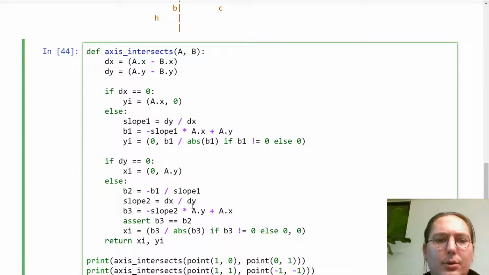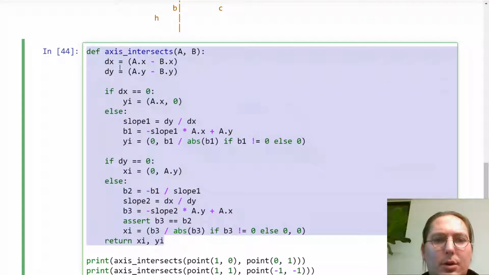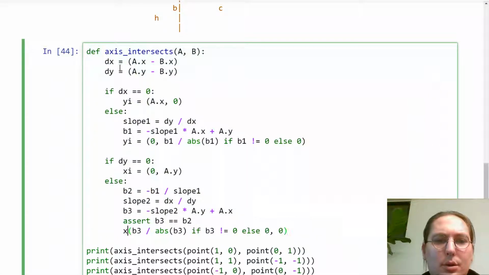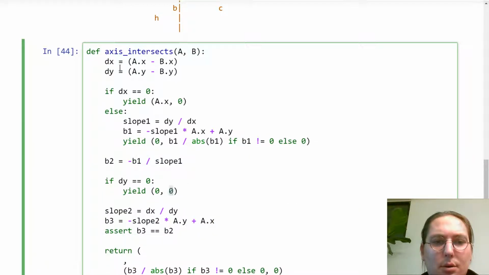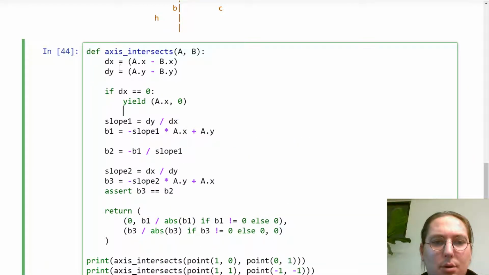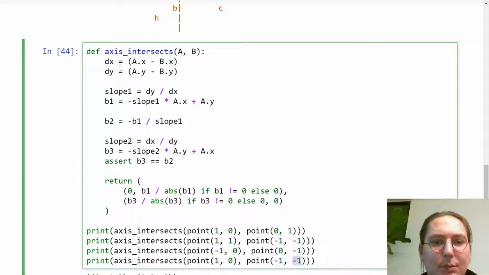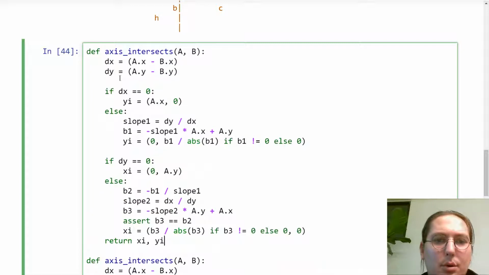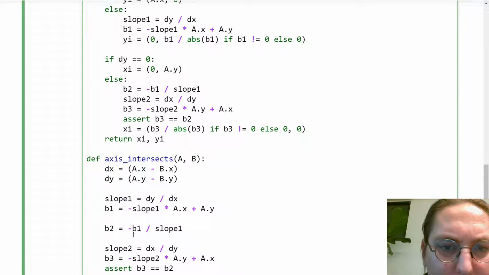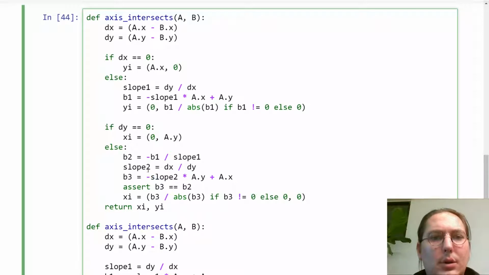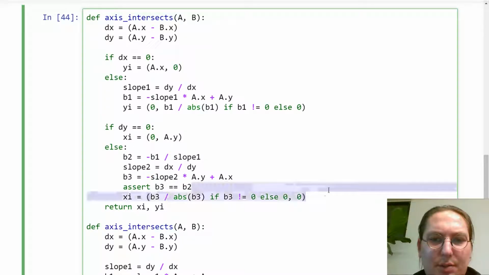Should I just revert? Let me copy this and revert. So this is where we were. So this is our y-intersect, isn't it? I think it's just mixed up.